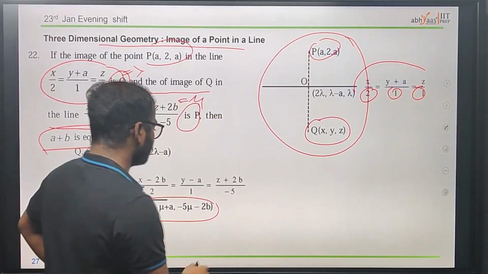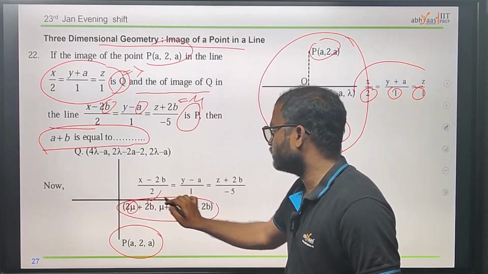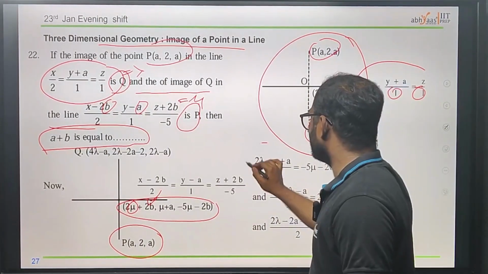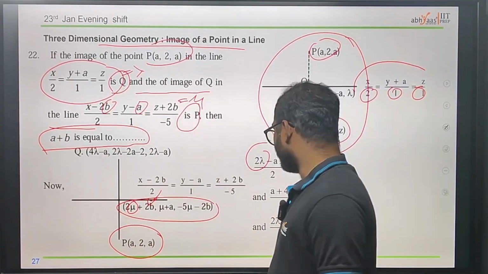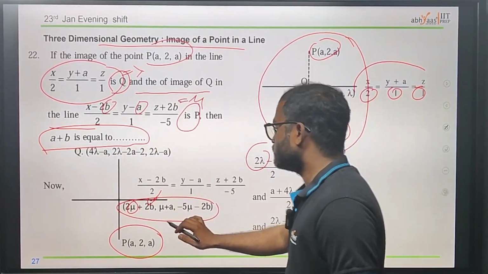Using this we will find the lambda value and mu value to find the values of b and a.